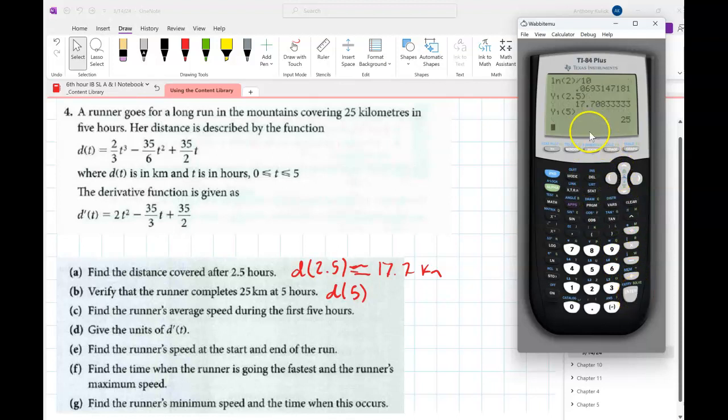So there's the benefit of what I just did, because it's super easy to plug a bunch of stuff in if I'm going to have to plug in value after value. Doing it this way is a lot less time consuming and a lot less annoying than typing this stuff in over and over again.